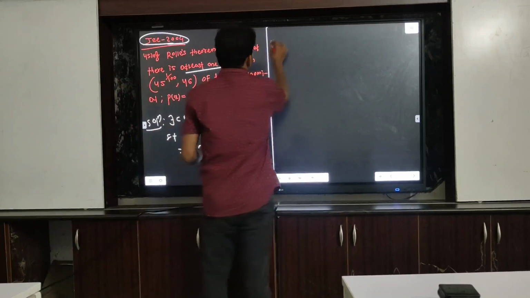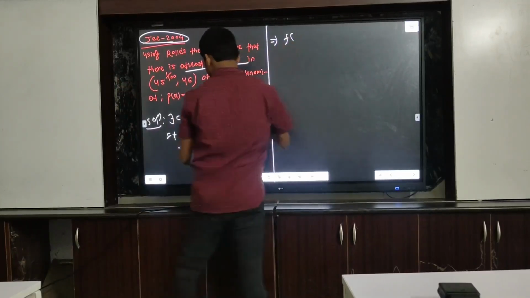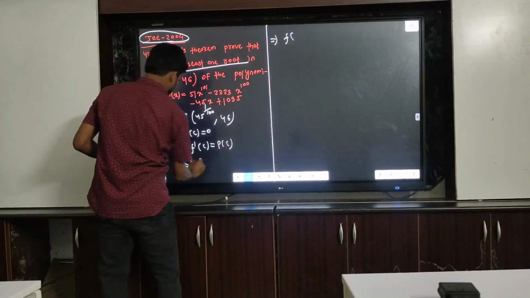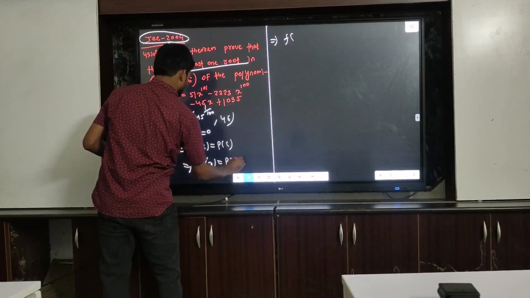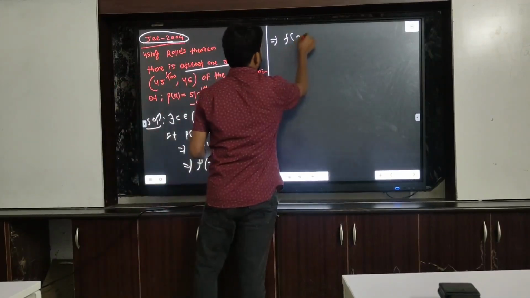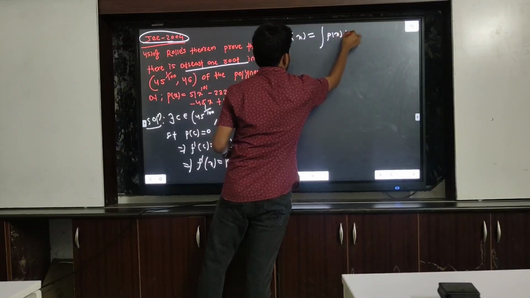Again, instead of C we can write x. F dash x is equal to P of x. So f of x is nothing but the integration of P of x dx.